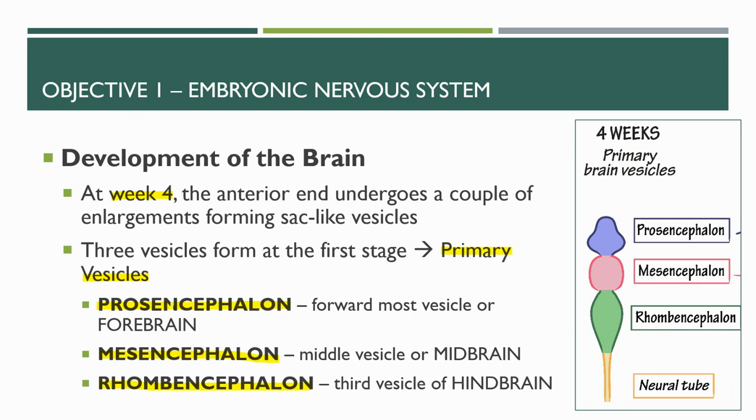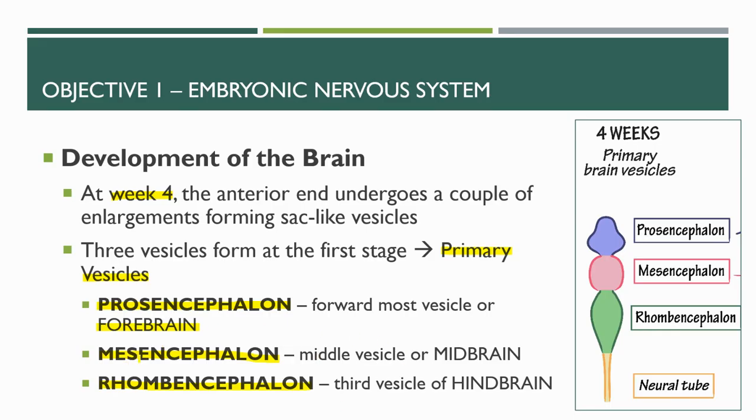Now notice they all have encephalon in them. And encephal refers to brain. Cephal is head. En means inside of, and so encephal means in the head, and it's usually referencing the brain. Now pro means to come before, and so the most forward, the most anterior vesicle, is going to be called the prosencephalon, and this is going to be what we call the forebrain.